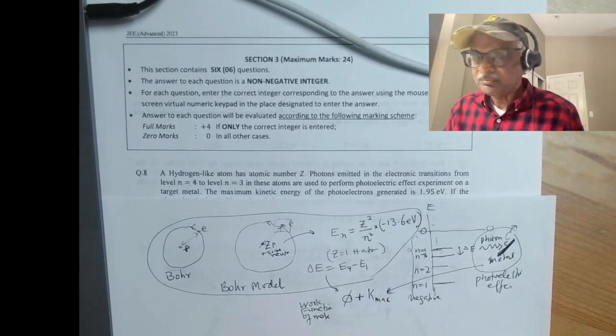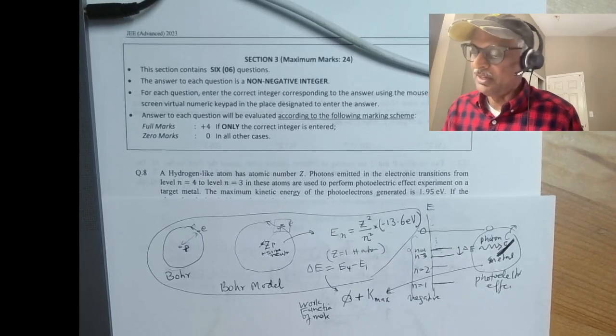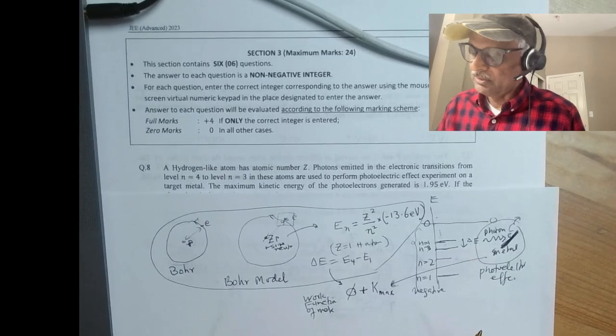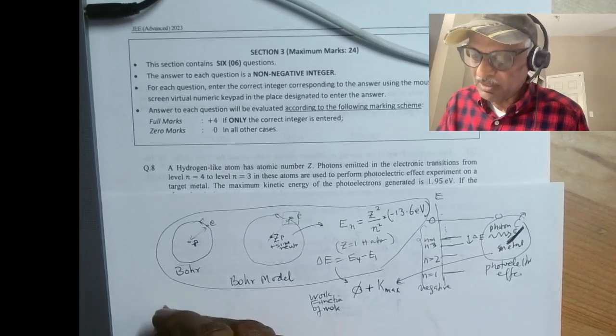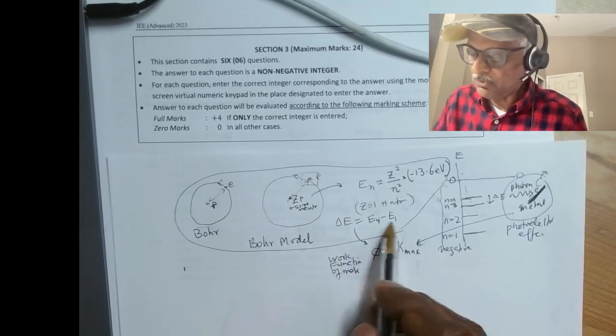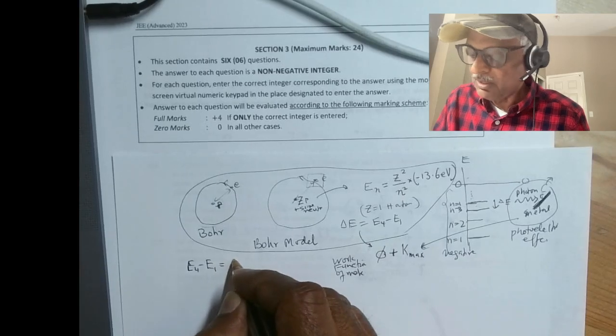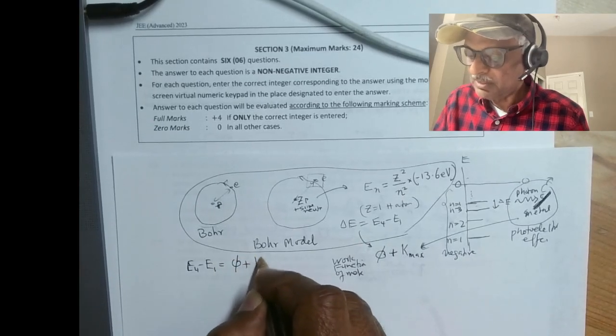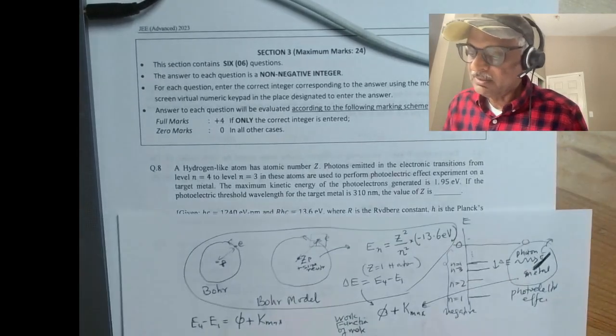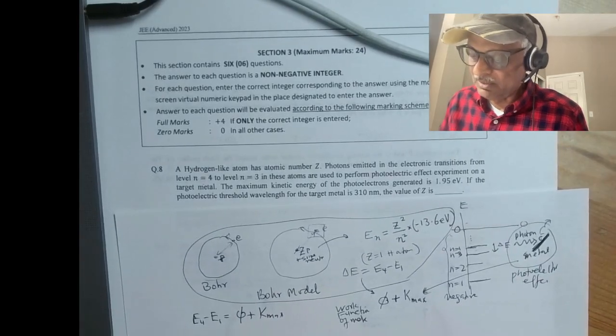So our working equation is E4 minus E3 equals phi plus K max, and I think all of these are given in eV.